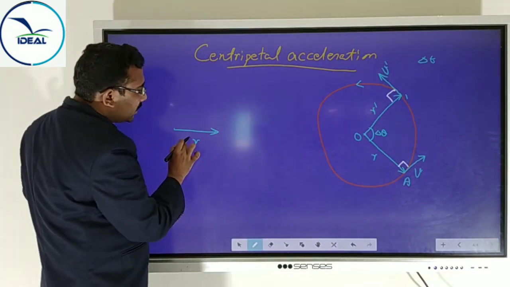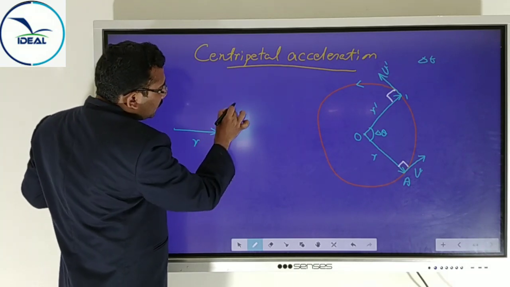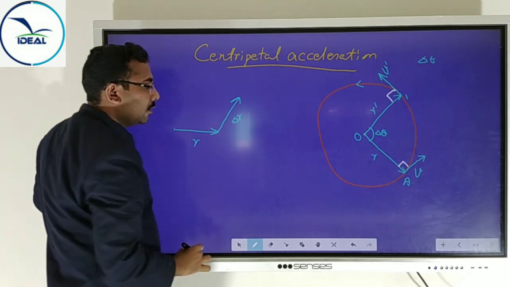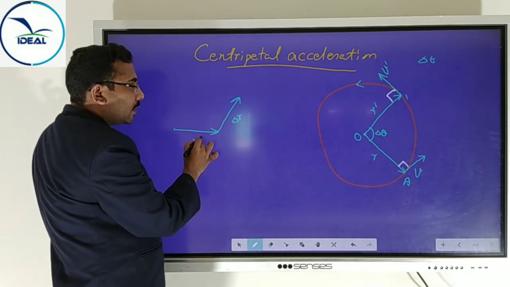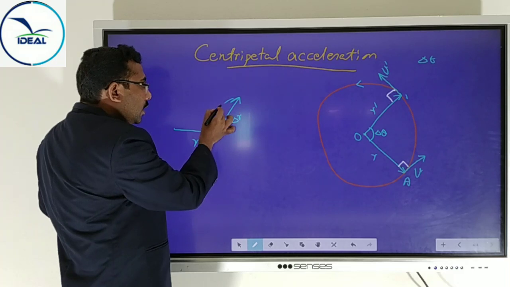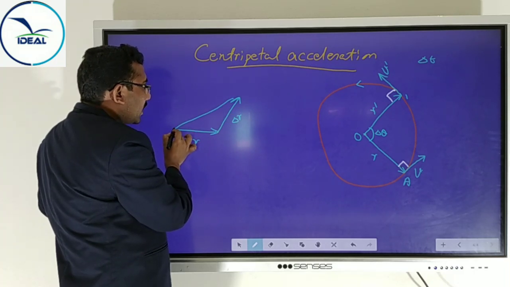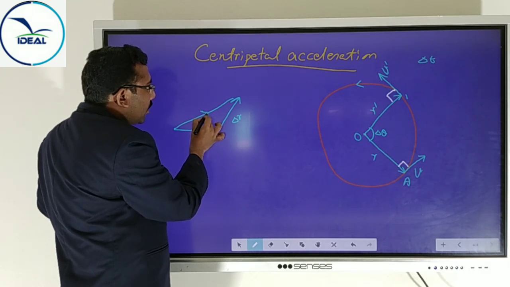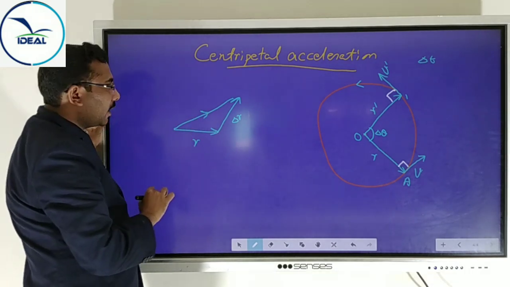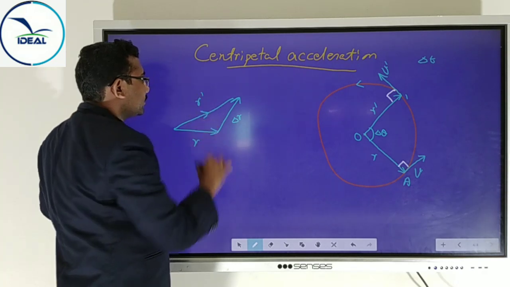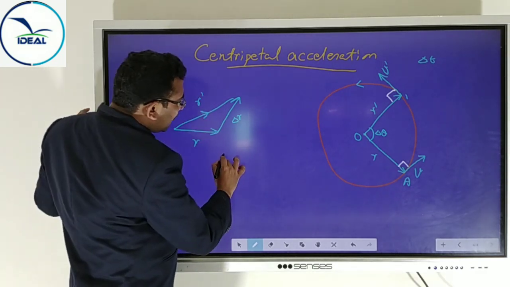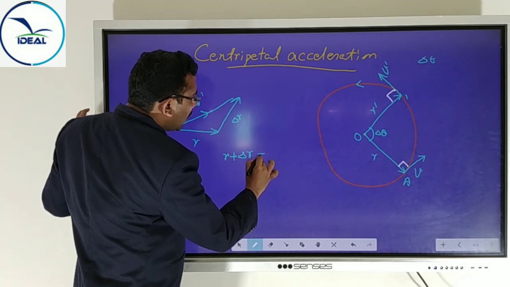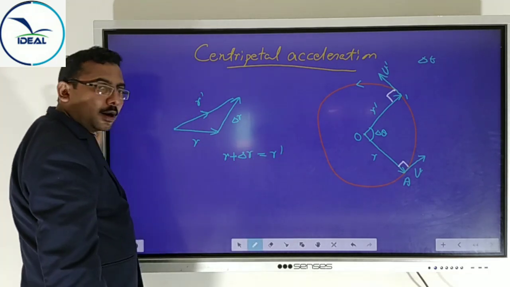Use triangle law. This is r. This is the change in position vector delta r. Add the initial position vector and change in position vector, you get the resultant or final position vector, taken as the opposite order of the third side of the triangle, that is r dash. That is r plus delta r equal to final position r dash.